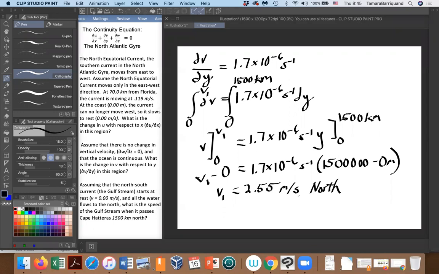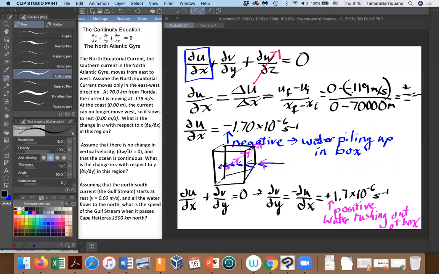If we look back here at our box, we saw that our velocity was speeding out of our box to the north.